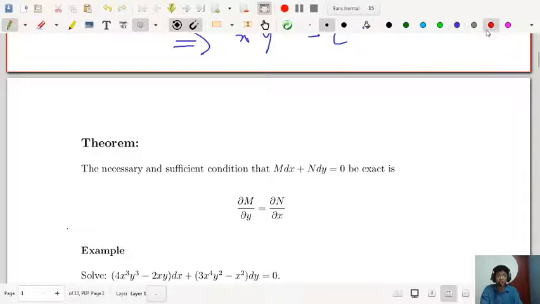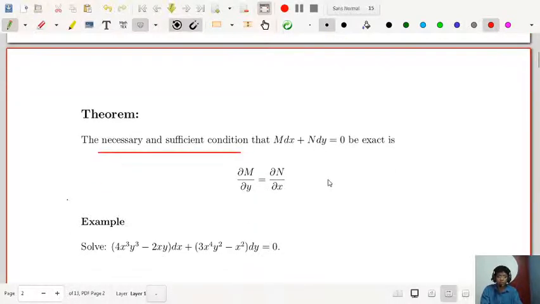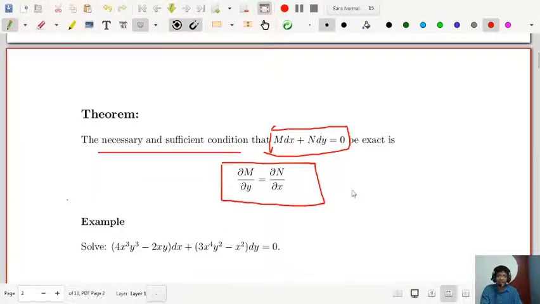This condition is necessary and sufficient, that is an if and only if condition: M dx plus N dy equal to 0 is an exact equation if del M del y equal to del N del x, that is the partial derivative of M with respect to y, and the partial derivative of N with respect to x.